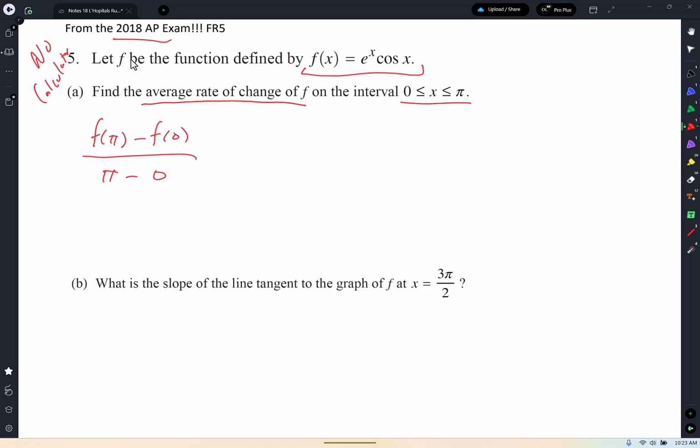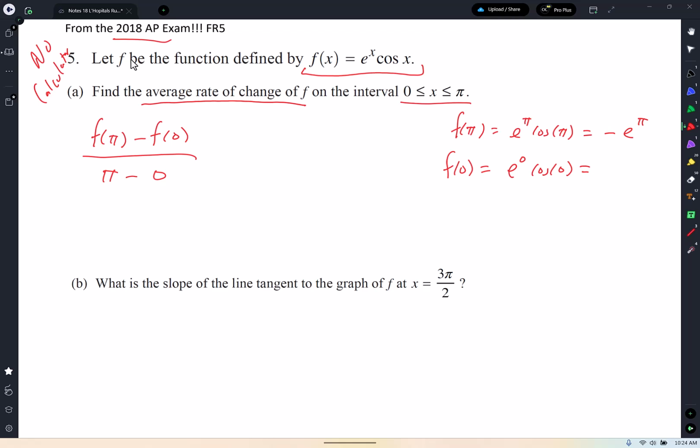I'm going to come to the side. I'm going to write what f of pi is. F of pi equals e to the pi cosine pi. What is cosine of pi? Positive or negative? Negative 1. So negative e to the pi. F of 0 equals e to the 0 cosine 0. Don't worry, guys.